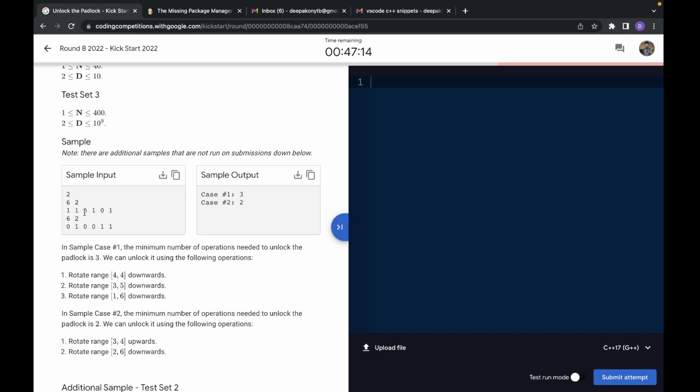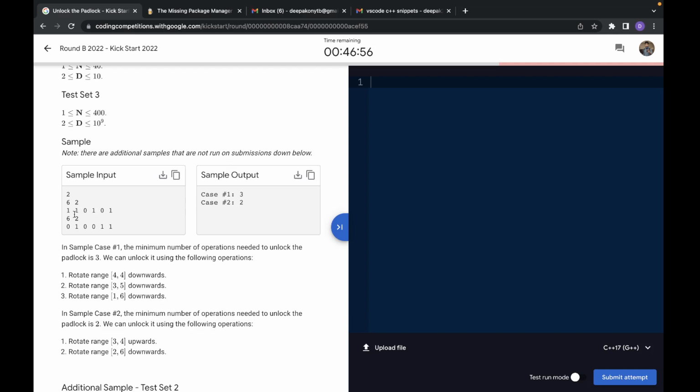When you say upward, your values will increase by one, and if it is d minus one, then the value will become zero. Correct? So that's how the locks are moving up and down.